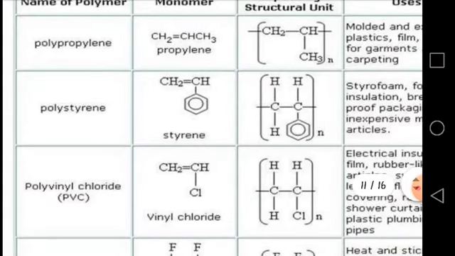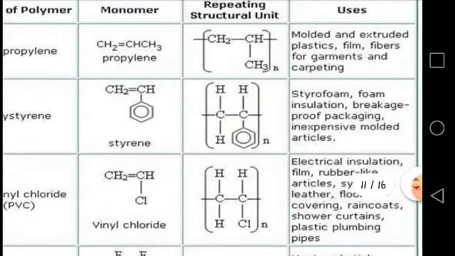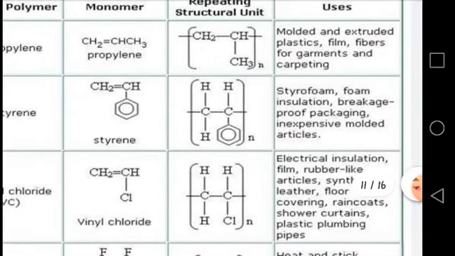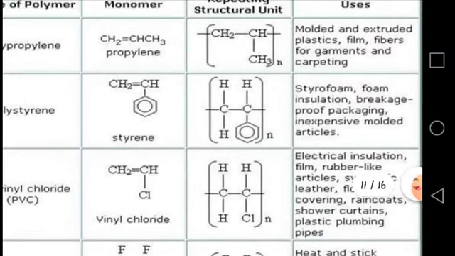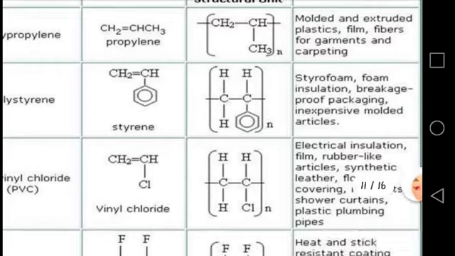Polystyrene: this is the monomer styrene, and this is the repeating unit of styrene, and these are the uses of polystyrene. Styrofoam, foam insulation, breakage proof packaging, inexpensive molded articles. These are the things which we can make from polystyrene.